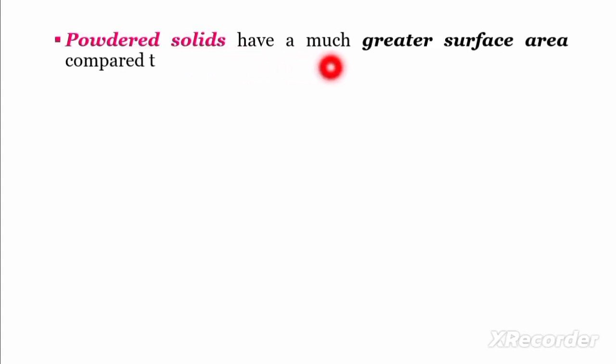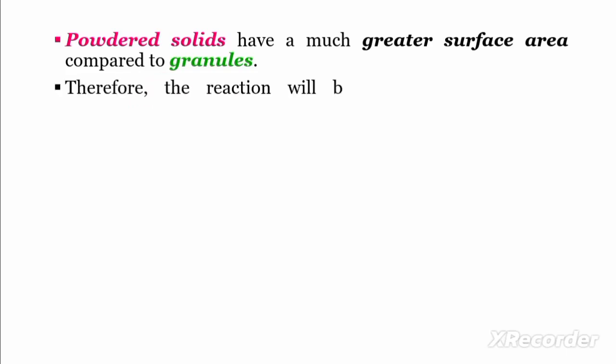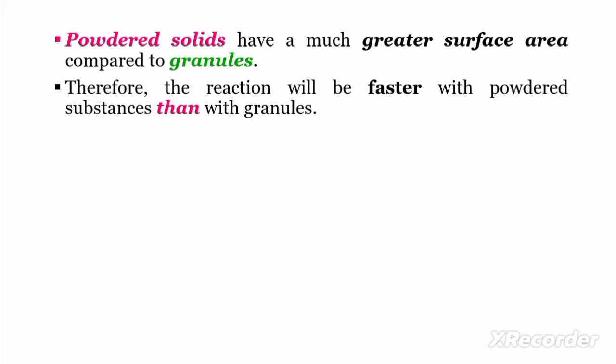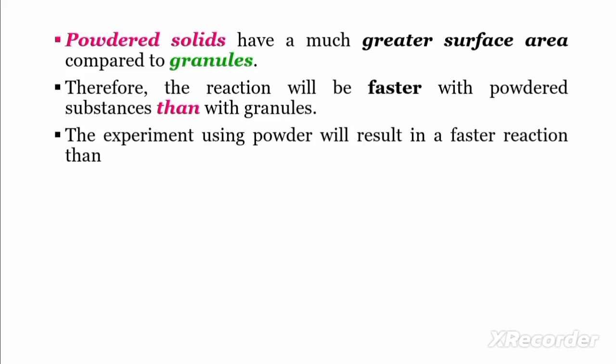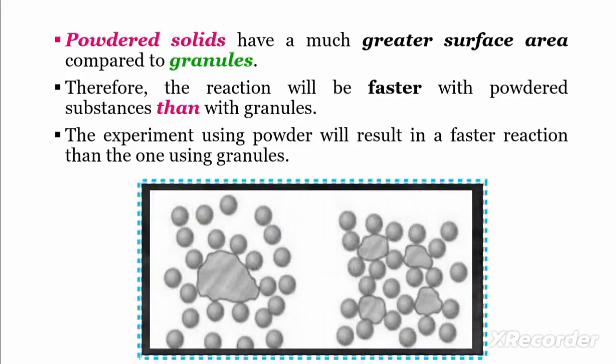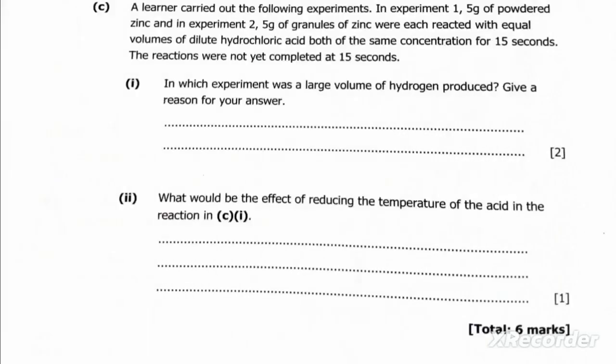Okay. To answer this question, we need to remember that powdered solids have a much greater surface area compared to granules. Therefore, the reaction will be faster with powdered substances than with granules. So here we have one granule, and here we have powdered particles.